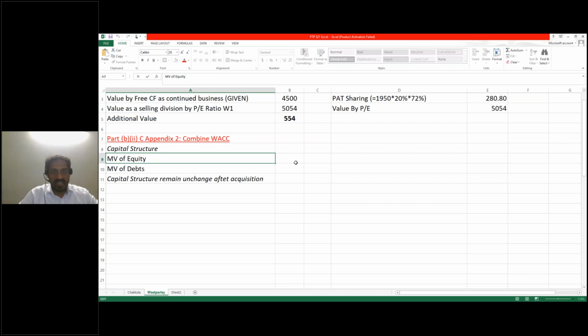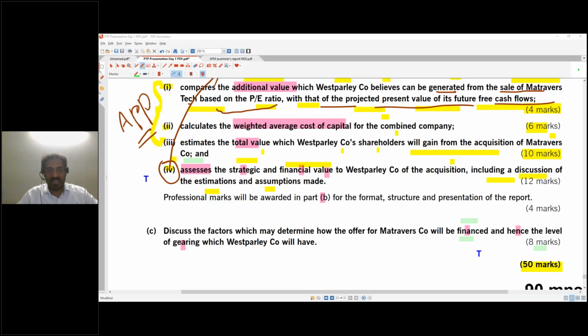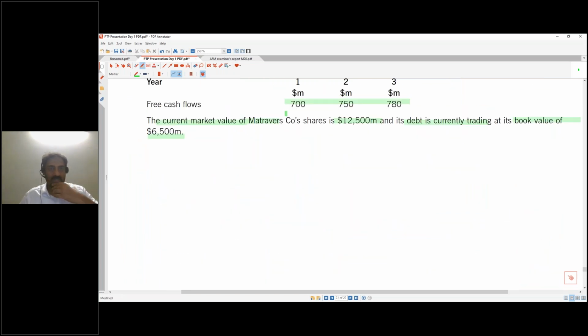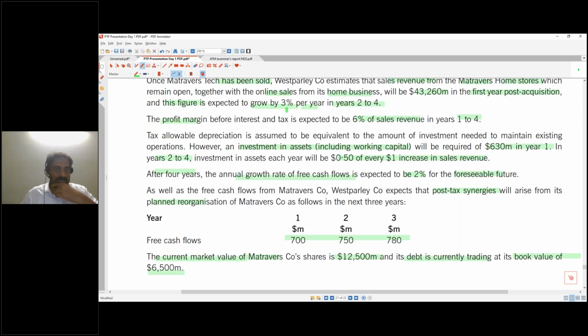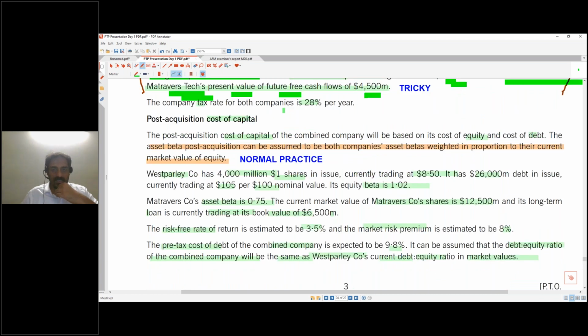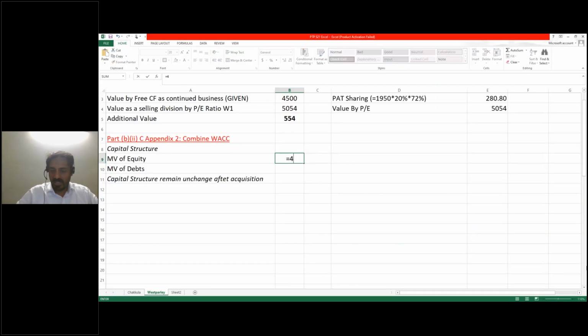Yes, market value of equity. What is the market value of equity? Make it clear, very simple. West Parley, 4,000 shares trading at 8.5, is equal to 4,000 multiplied by 8.5, 34,000.